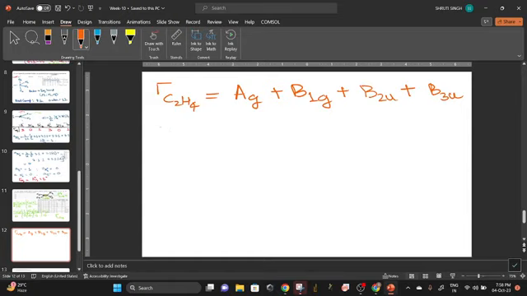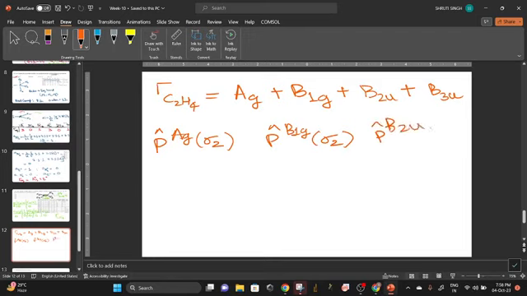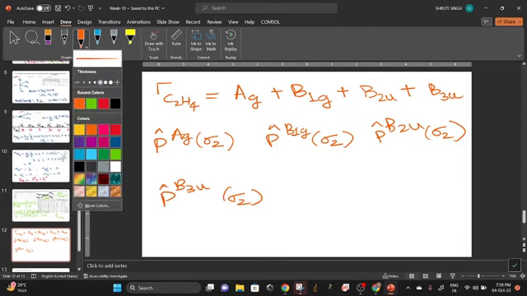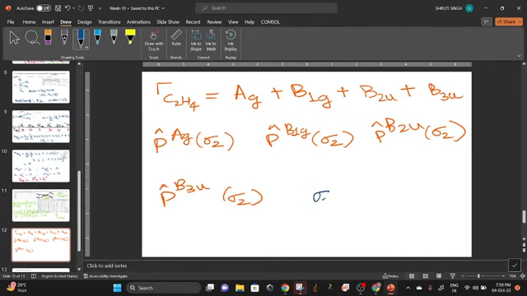Now we have to find whether it is the projection operator of Ag on sigma 2, or of B1g, or of Bu symmetry, or of B3u on sigma 2. Which one will give me the combination sigma 1 plus sigma 2 minus sigma 3 minus sigma 4?